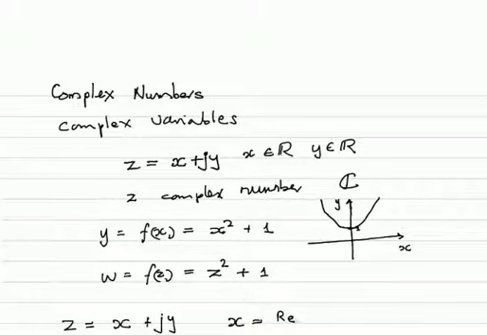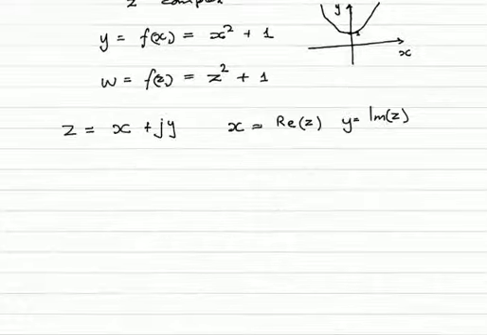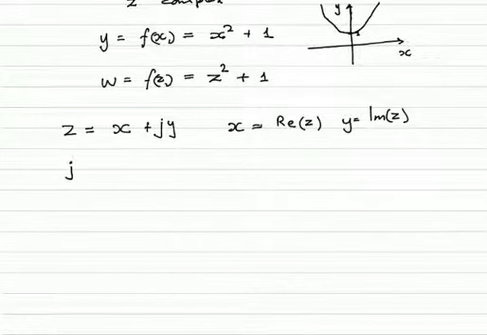We write it this way, Re of z, and y is called the imaginary part, Im of z. That's how we read that. And the unit j is basically an imaginary unit. That's why in some books you'll find j represented by i for imaginary unit.